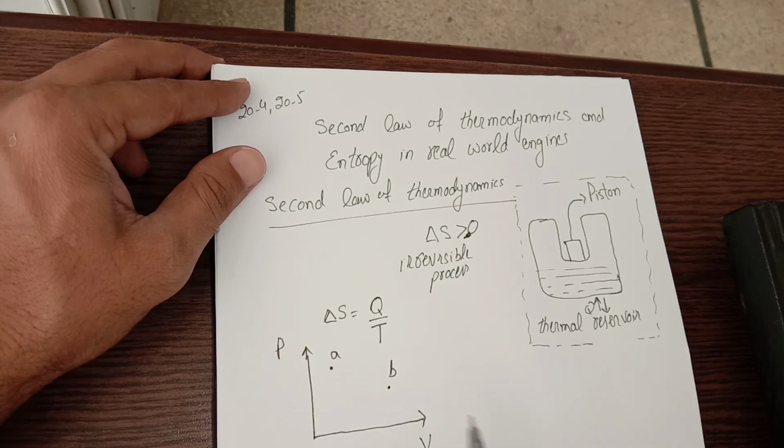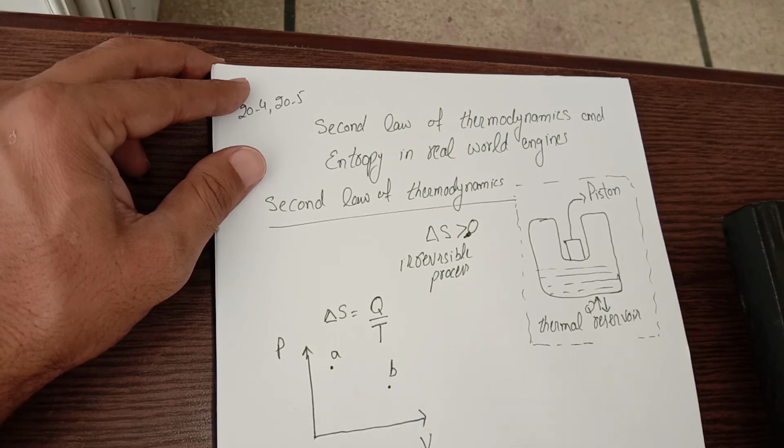This was our assumption in our previous discussion. This is for the case of irreversible. And if we have to make it reversible, then we have to basically reverse it from B to point A. Then it would represent a reversible process.